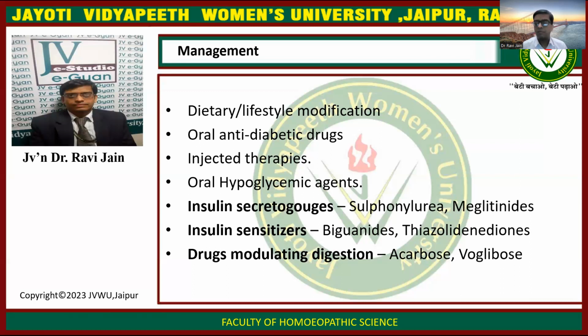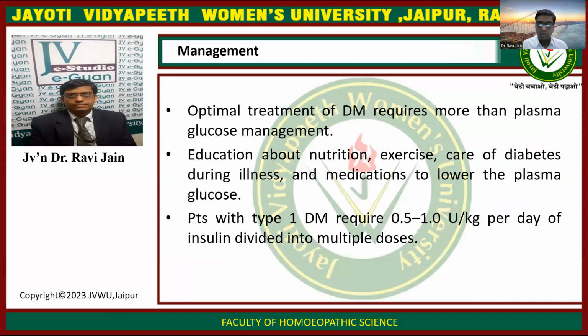This is usually given for constipation. So, optimal treatment of diabetes mellitus requires plasma glucose management, education about nutrition, exercise, care of diabetes during illness, and medications to lower the plasma glucose.